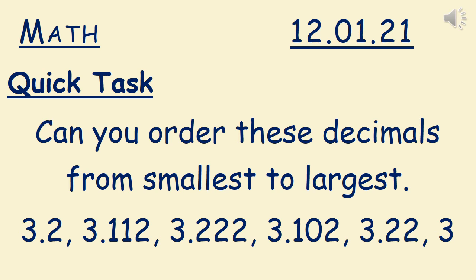Remember, you're ordering these from smallest to largest using either a number line or the place value grid. Remember to pause the video and give yourself plenty of time to complete this task.